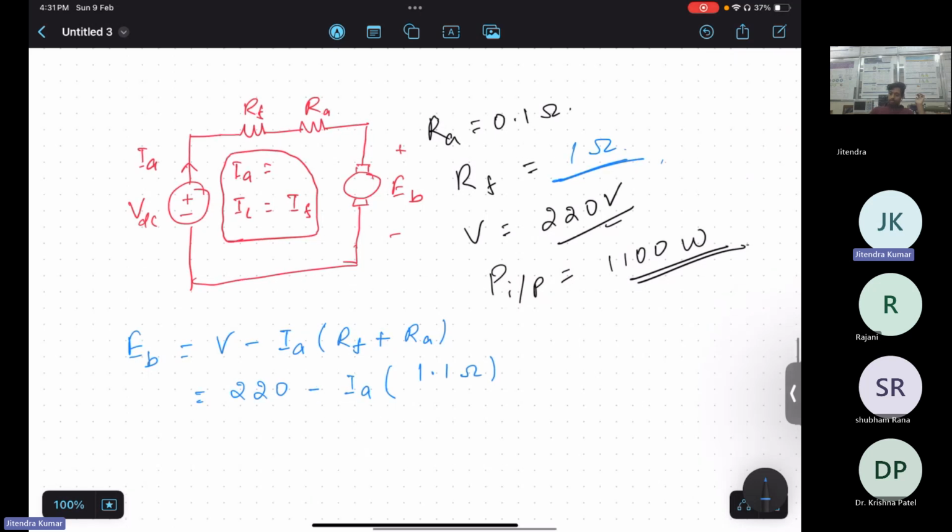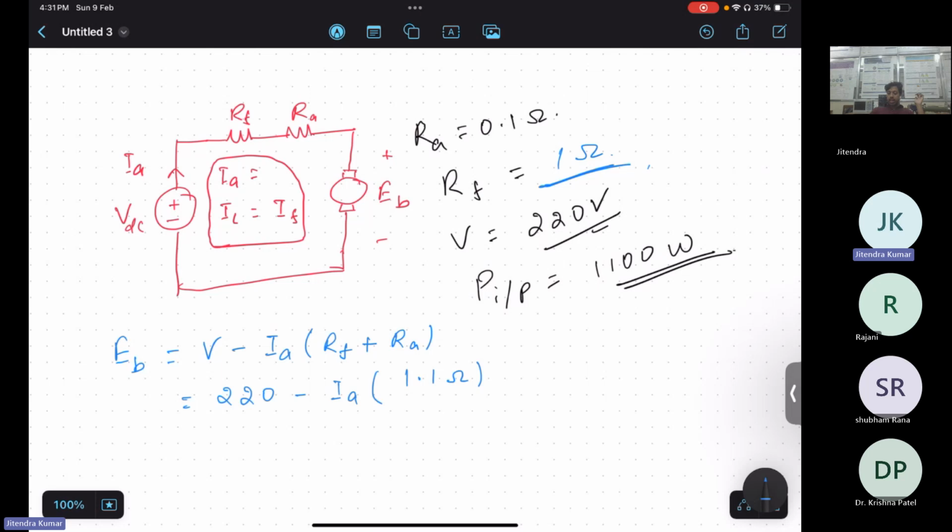Okay. Why could RF not be such a large value? Due to the drop. Because the drop will be higher if RF is high, as it is connected in series. So your drop is maximum, and you are losing the majority of your power in terms of losses.